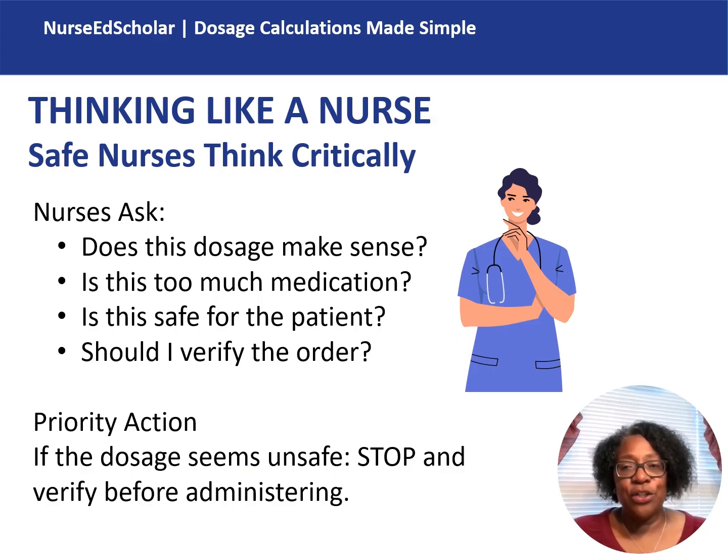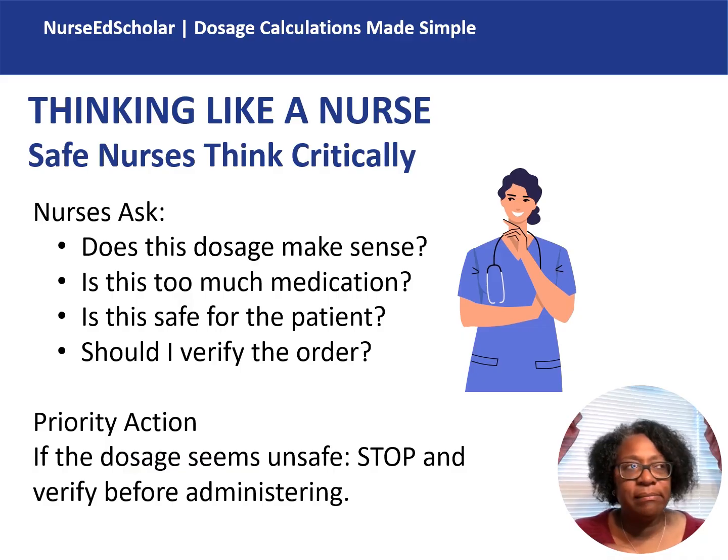If your insulin dose is extremely high, let's just say, I'm going to be extreme, you're calculating and the patient's getting 100 units of insulin, right? Is this safe? Do you normally see 100 units? Not typically, right? So you got to stop and you have to verify the order.